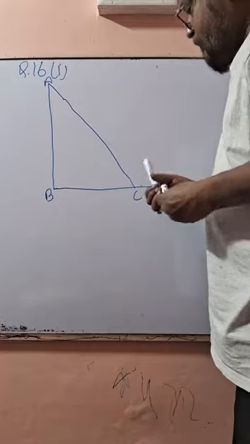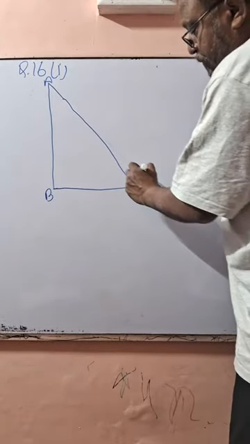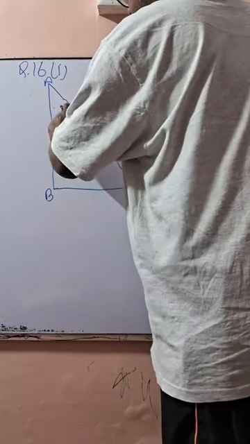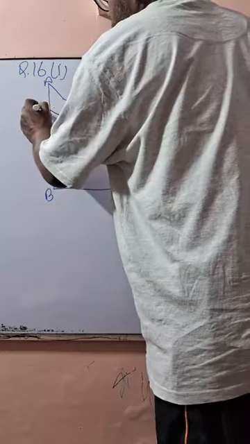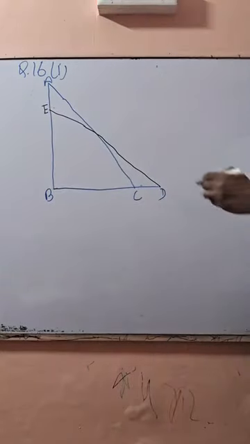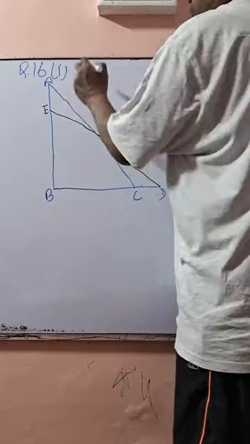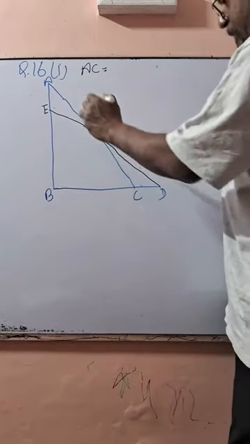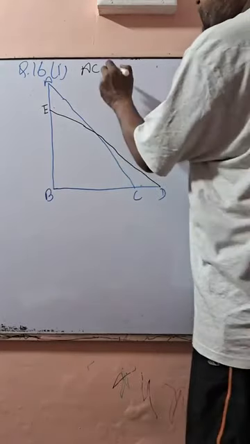And there is, from D, this is A. This is E. And it is given to us that AC is equal to ED.